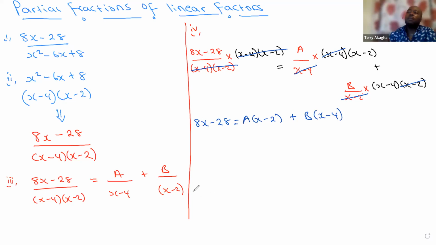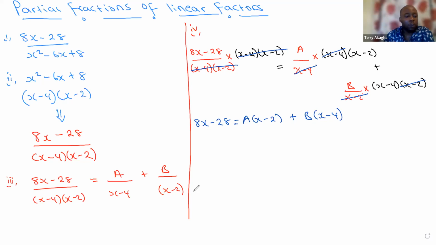Okay. Now in stage 5, I gave you 2 methods to use. You can either use the substitution method or you can use the coefficient of terms method. So here, like I told you, you have to use the substitution method first. It's easier. What you do is look for numbers that you can use that are going to cancel out.